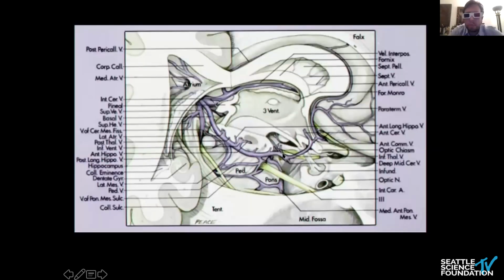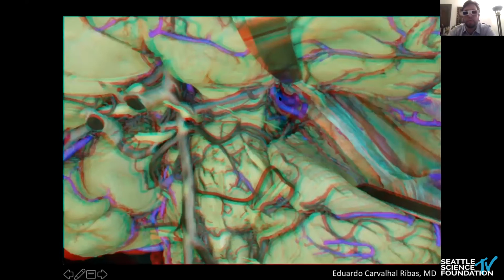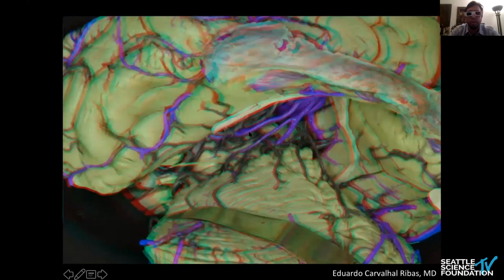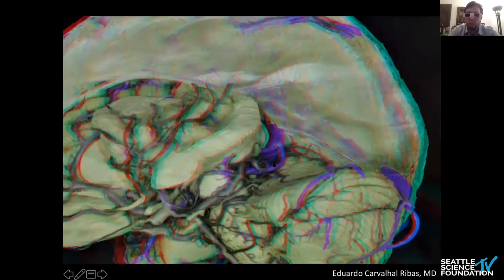And the basal vein of Rosenthal will have this circumflex trajectory, also wrapping around the crural cistern and ambient cistern, and then into the great vein of Galen. So here we see the basal vein of Rosenthal making this round trajectory here at the ambient cistern, and then merging with the internal cerebral vein to originate the great vein of Galen.